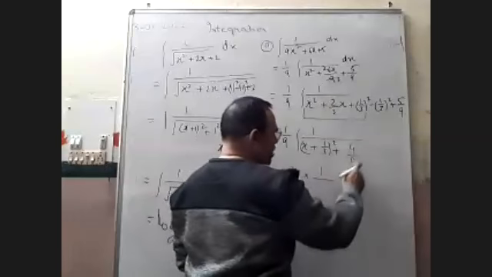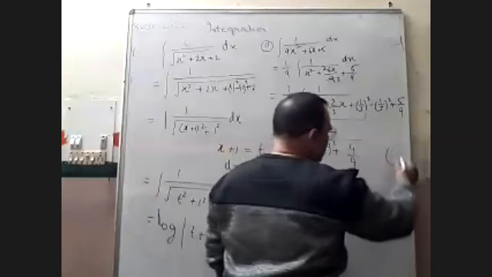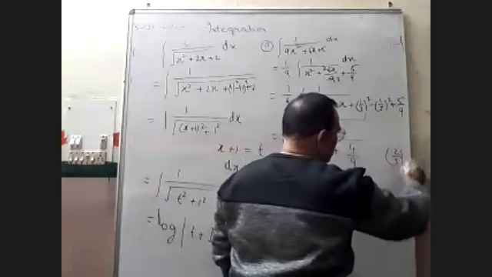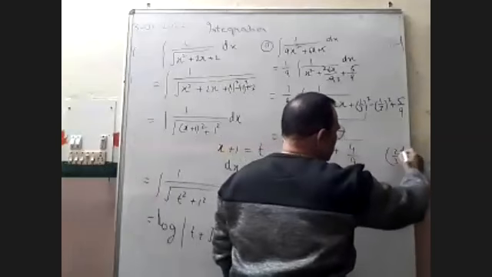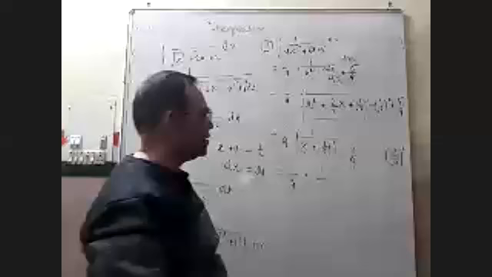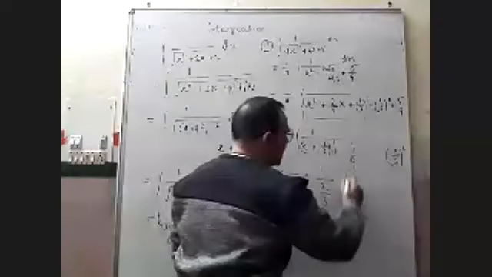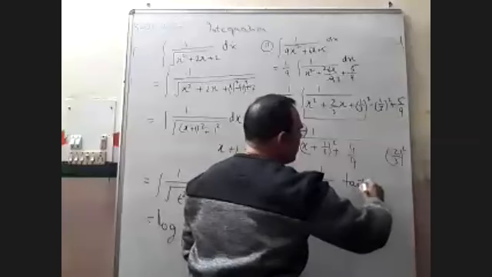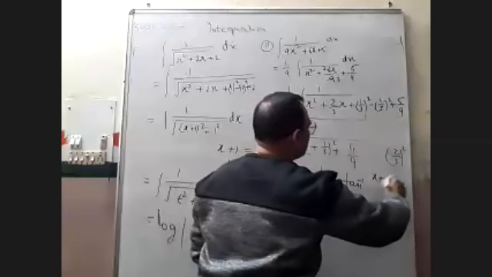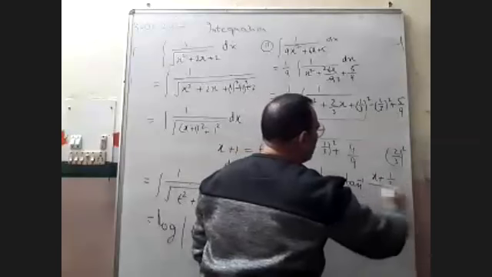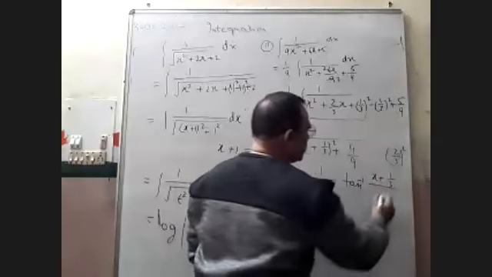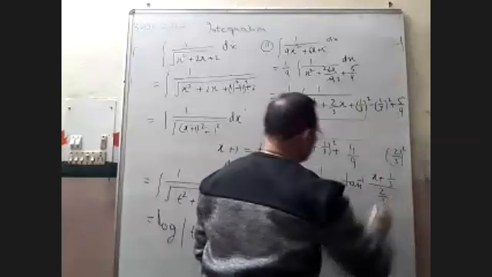It is a square of 2 upon 3. It is a square upon 2 upon 3. You have to write 2 upon 3 in place of a. So 2 upon 3 tan inverse x upon a, x plus 1 upon 3. In place of a, you are writing 2 upon 3.